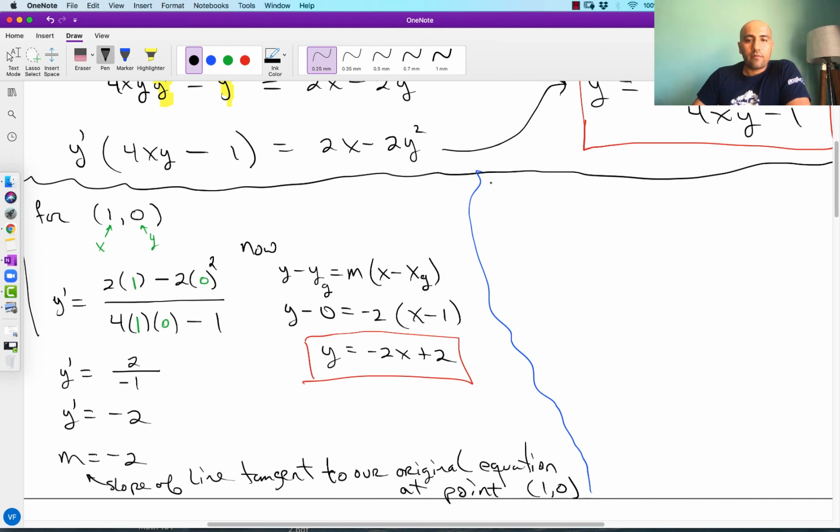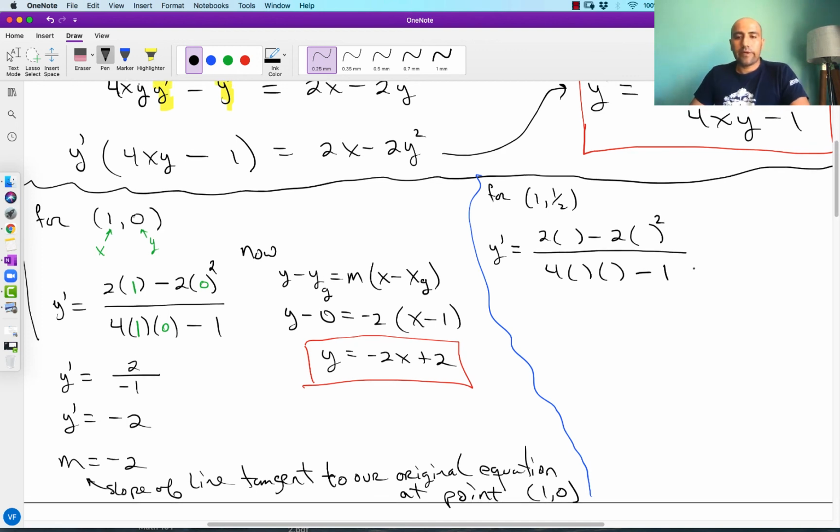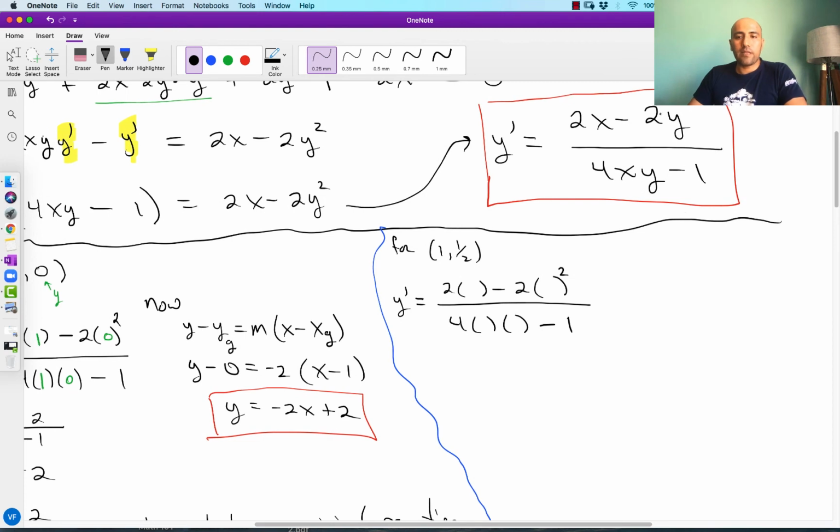For the other point, 1 comma 1/2, again we need to figure out the derivative of the line tangent at that point. So y prime is going to be equal to 2 times blank minus 2 times blank squared, all over 4 times blank minus 1, again following our formula for the derivative.